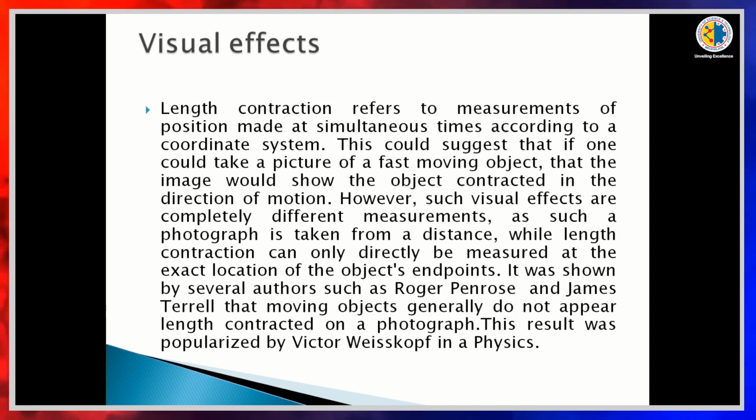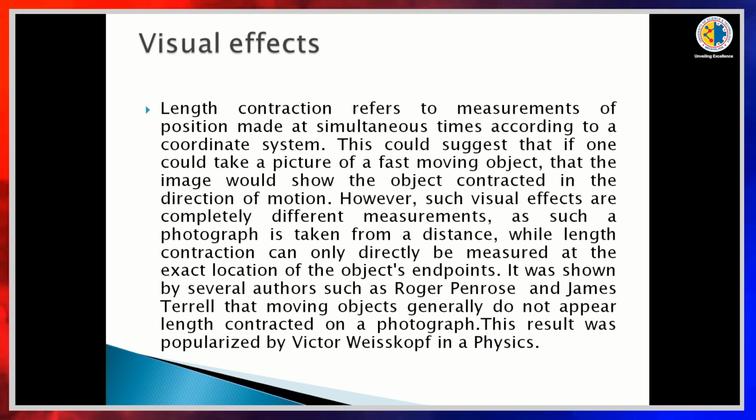However, such visual effects are completely different measurements, such as a photograph taken from a distance, while length contraction can only directly be measured at the exact location of the object endpoints. It was shown by several authors such as Roger Penrose and James Terrell that moving objects generally do not appear length contracted on a photograph.